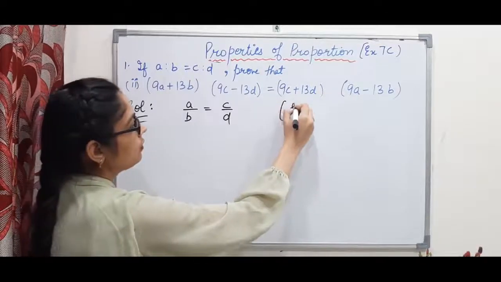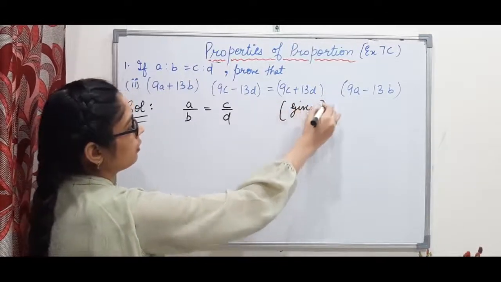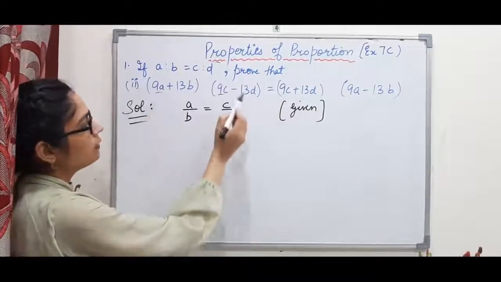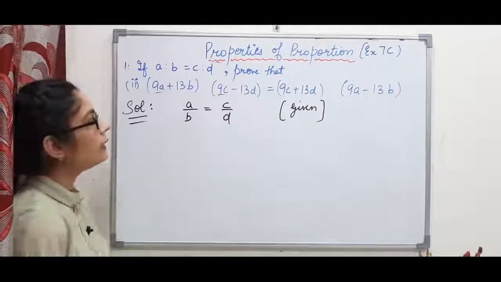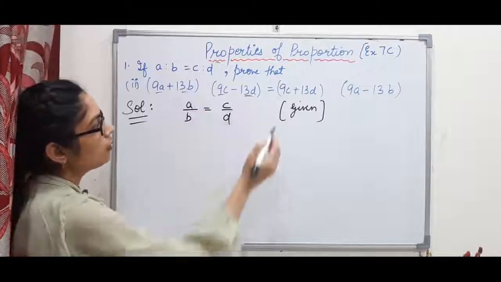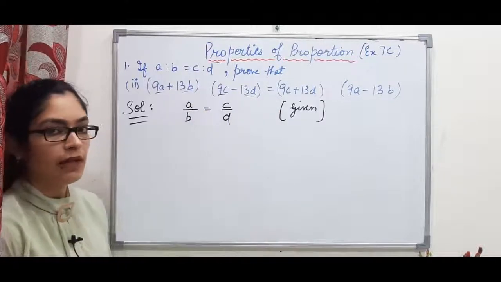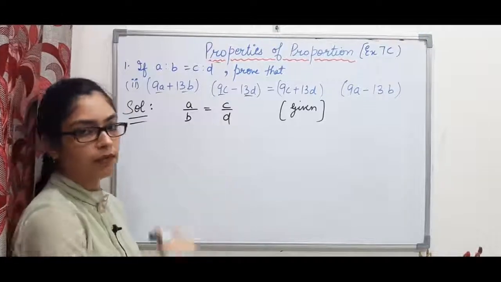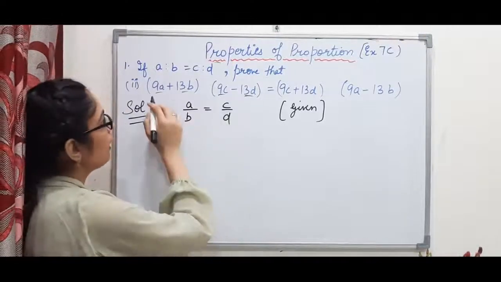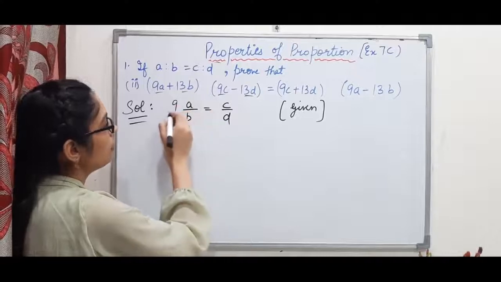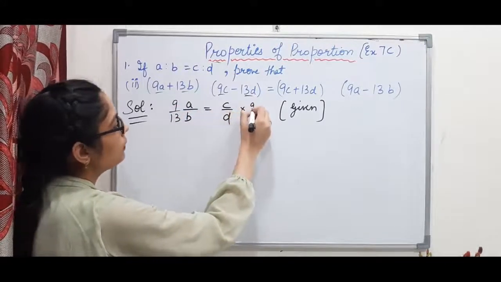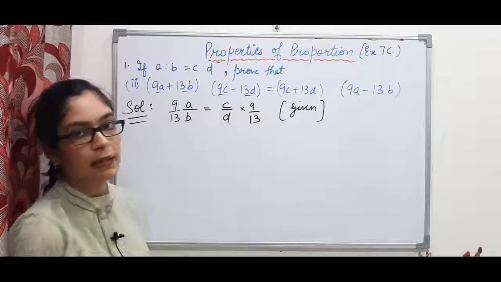So this is given. Now we can see with a and c we need 9, with b and d we need 13. So like we did in the previous part, we multiplied there by 5 by 7. Now our requirement is 9 with a and c and 13 with b and d. So we will multiply both the sides by 9 by 13.